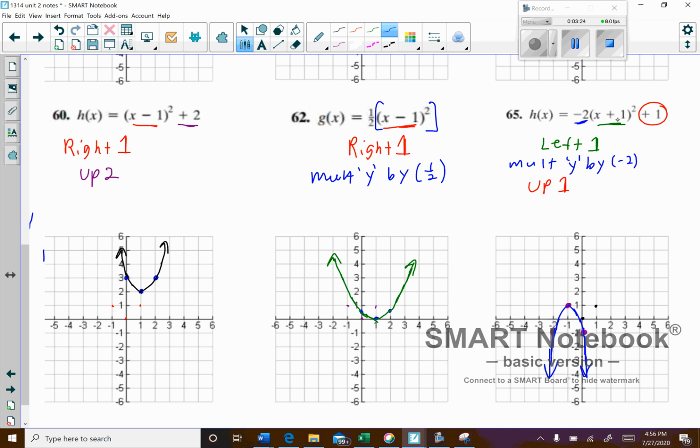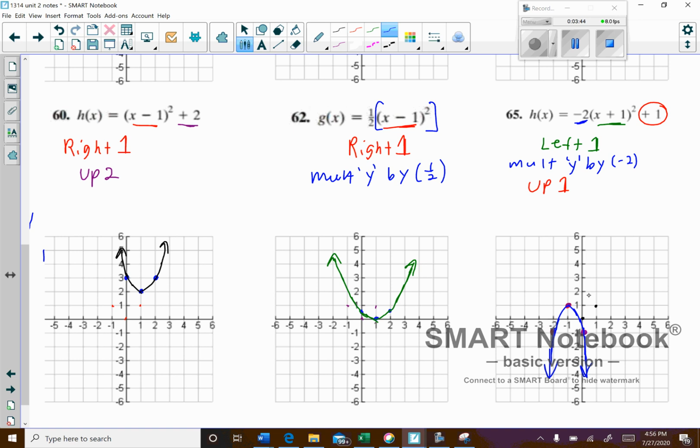This last example, this +1 causes you to go left 1, and then you don't want to go up 1 next. You have to actually take care of this -2 that's getting multiplied by the function. And that's really two transformations. It's causing a reflection across the x-axis. That's why it's opening down.